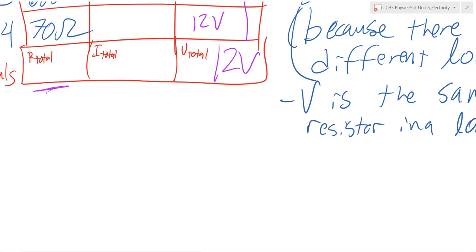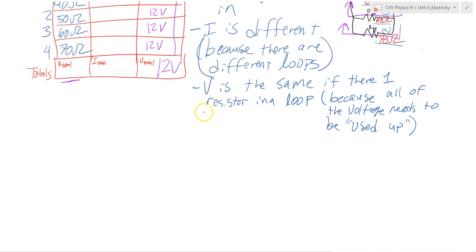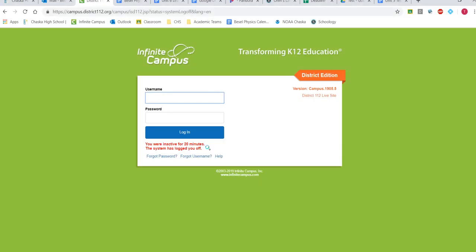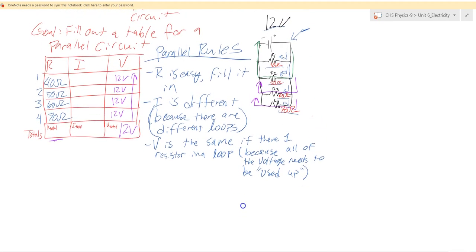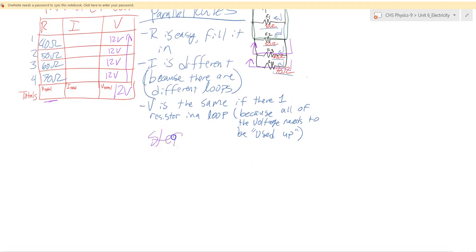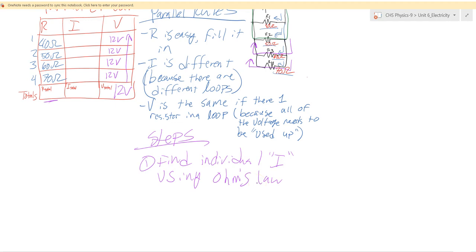So here are the steps that we're going to follow. Sorry about that, not sure what happened there. Let's keep going though. Step 1, find the individual current using Ohm's law.